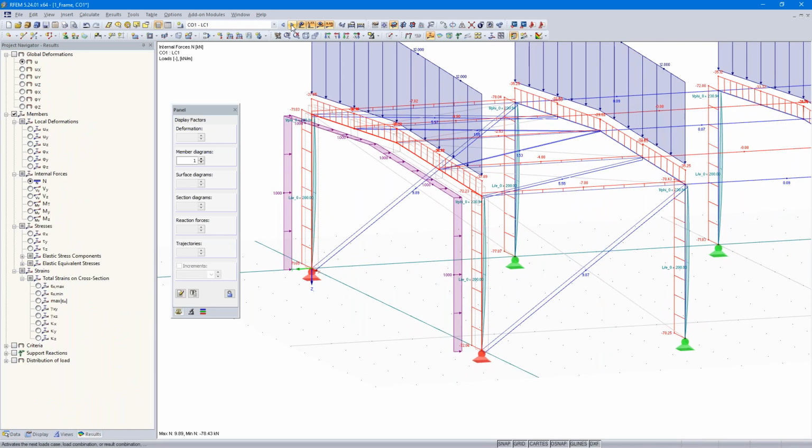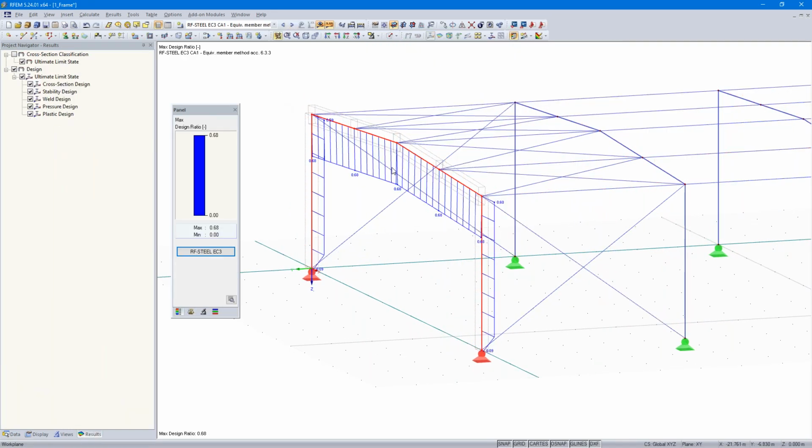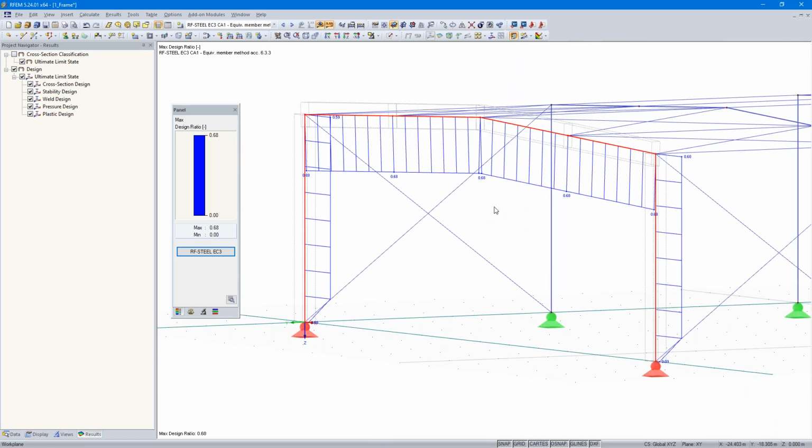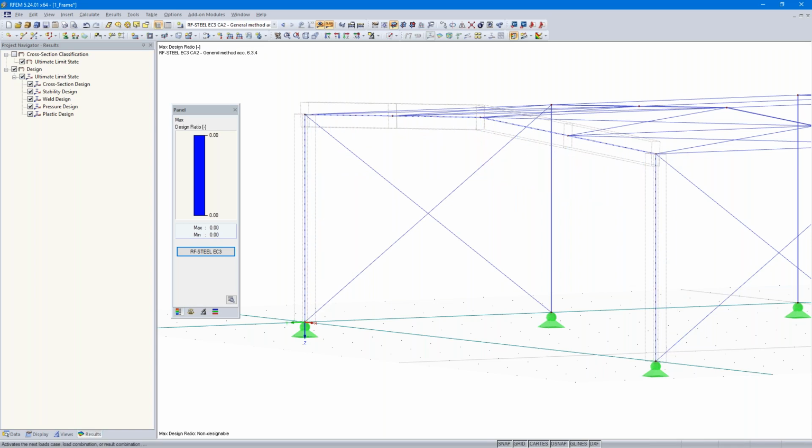Let's take a look at the graphics. Here, for the equivalent member method, we get a design ratio of 68%, slightly higher than before because of the horizontal load. It means the bending about the weak axis. And for the general method, we don't get any results.